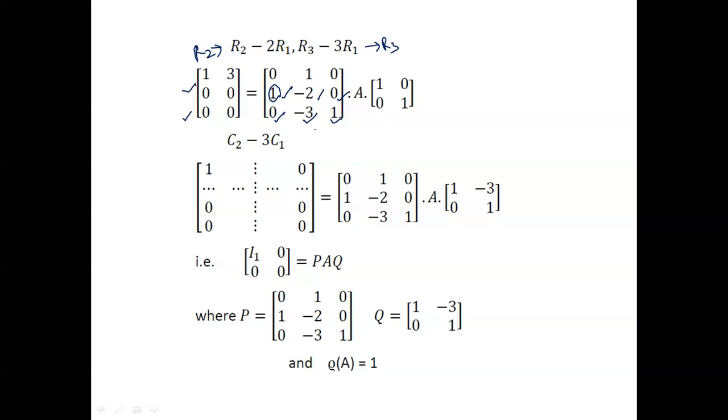Now our aim is to make this element 0. For that we have to apply C2 tends to C2 minus 3C1.